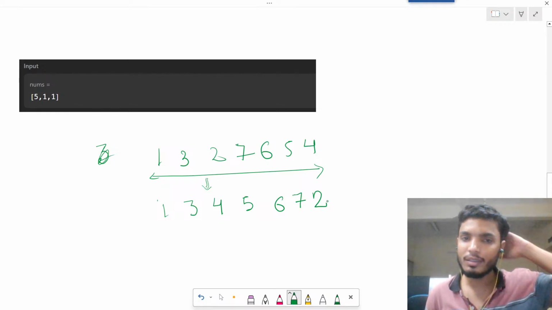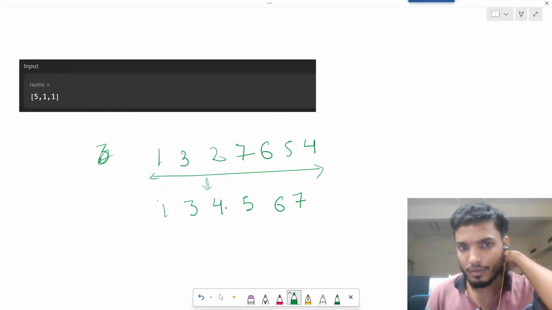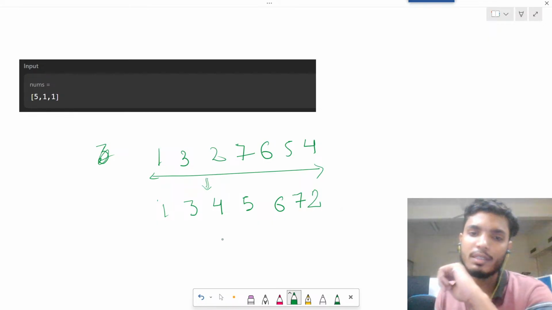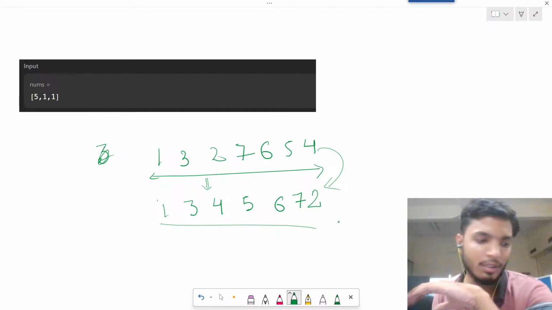Then after 1, 3, 4 comes 4, then 5, 6, 7 and 2. Yes, this is the next permutation: the number just bigger than this one.